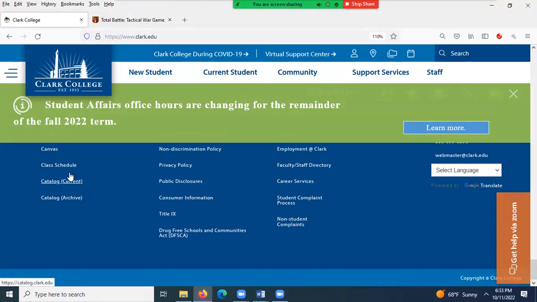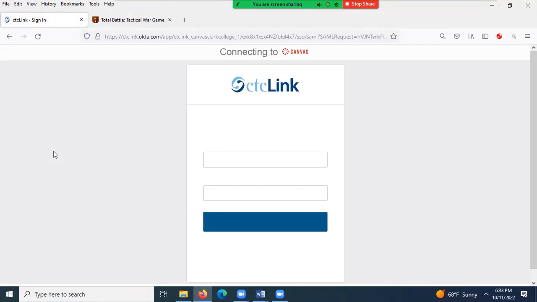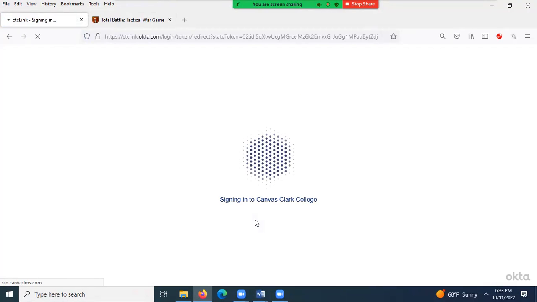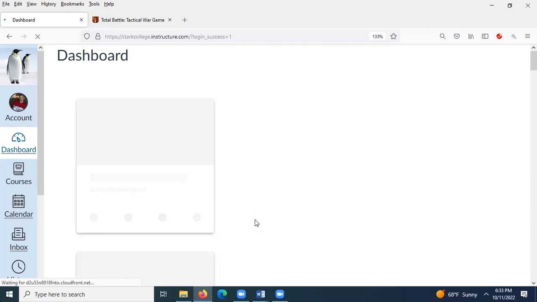My computer is kind of slow because the Zoom program is making the lecture lesson file. You can see how slow this is.